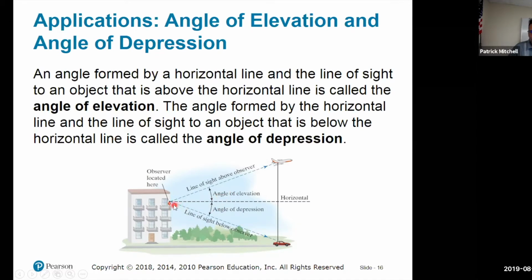And similarly, if you were doing something with the car and you wanted to measure your angle to the car, we call that an angle of depression because it's going down. Okay. So again, those terms will come up in the future. I don't think they come up in the very next example, but let's look at the very next example.